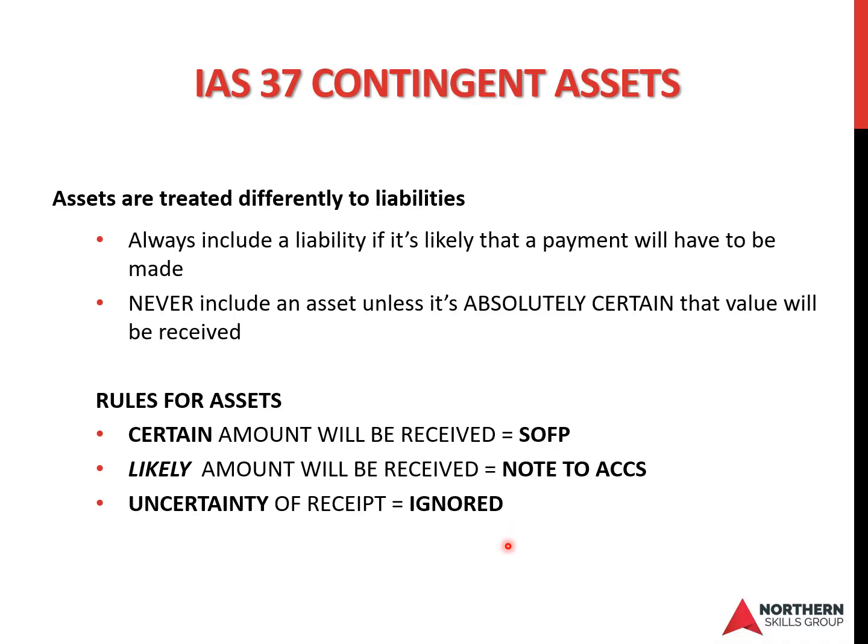So very different criteria for assets compared to liabilities. The general rule is that we never include an asset unless we're certain that we're going to get some benefit from it in the future. We always include a liability if it's likely that we're going to have to settle that liability at some stage.